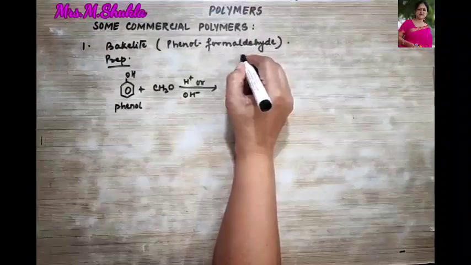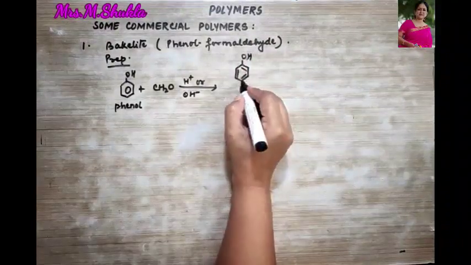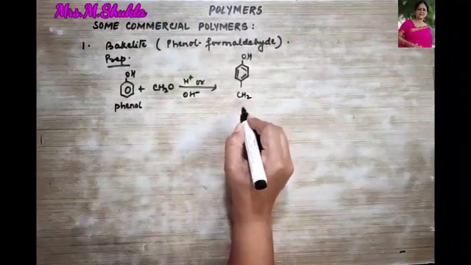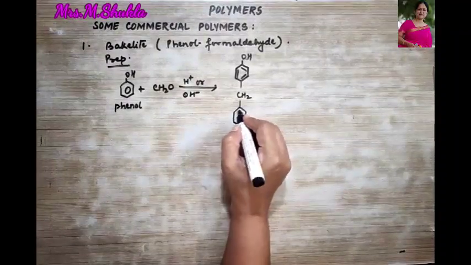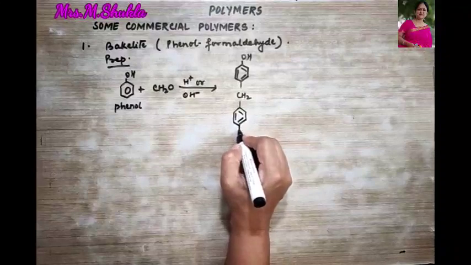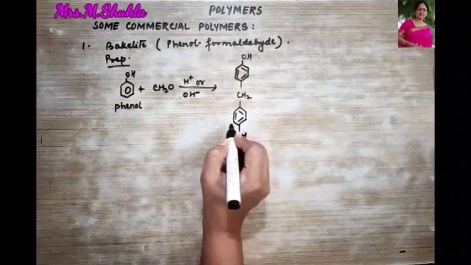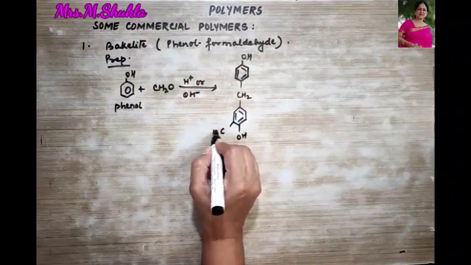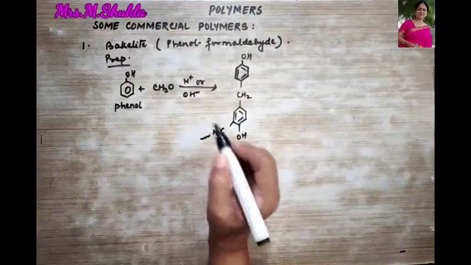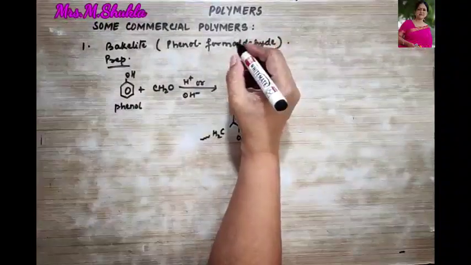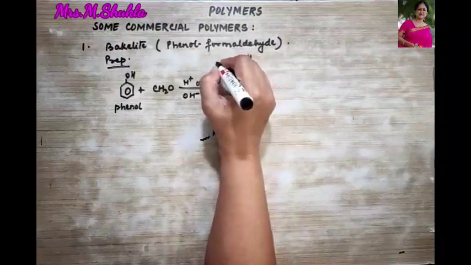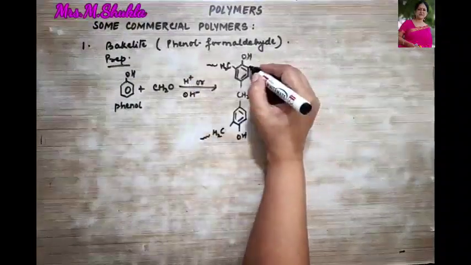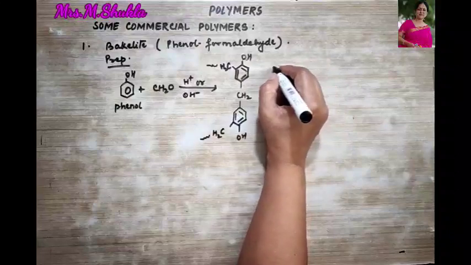So H, CH2, further it is connected, then here it is CH2 from where it is further connected. Then let me make one more.